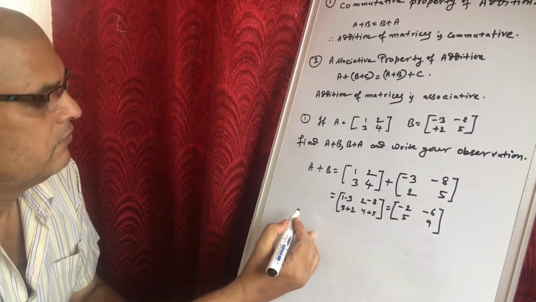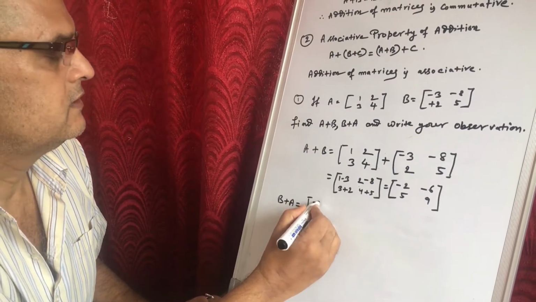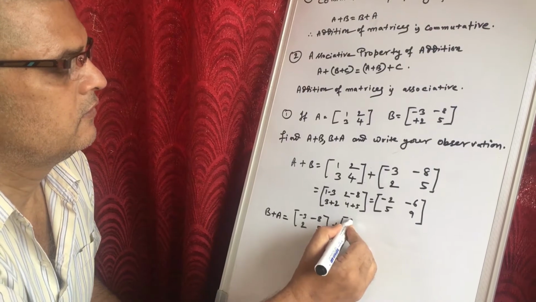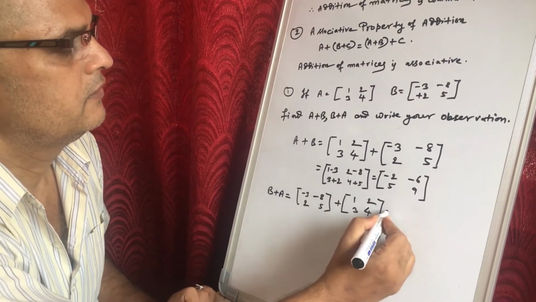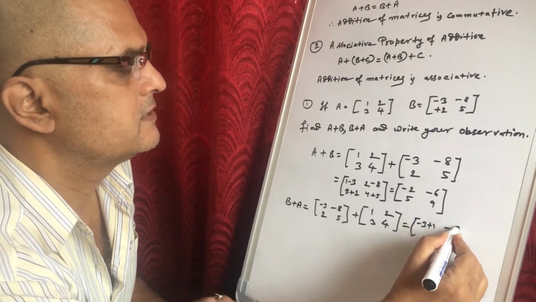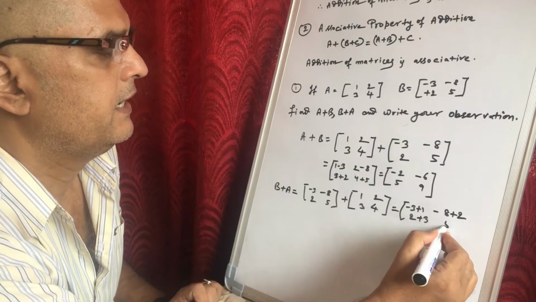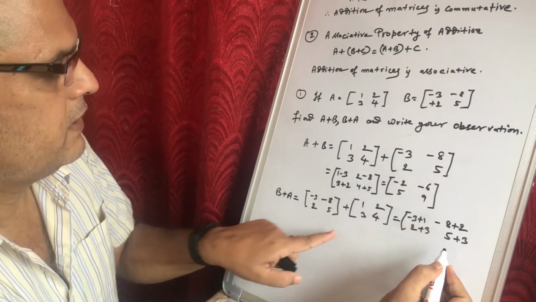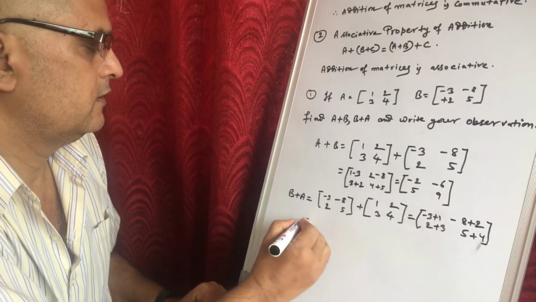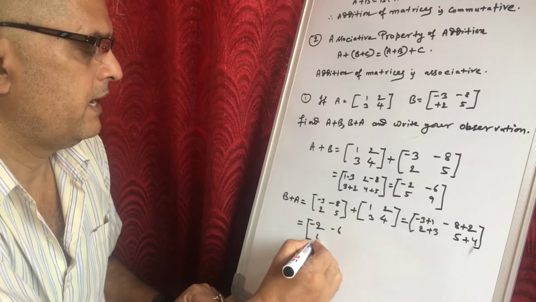Now what will be B plus A? B plus A is equal to minus 3, minus 8, 2 and 5 plus 1, 2, 3, 4, which is equal to minus 3 plus 1, minus 8 plus 2, 2 plus 3, 5 plus 4, which is equal to minus 2, minus 6, 5 and 9.